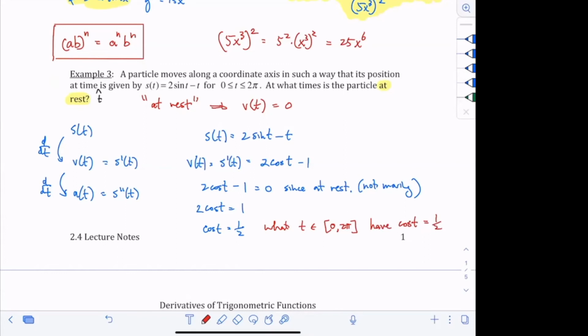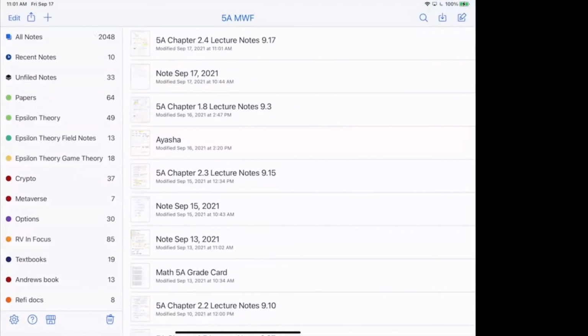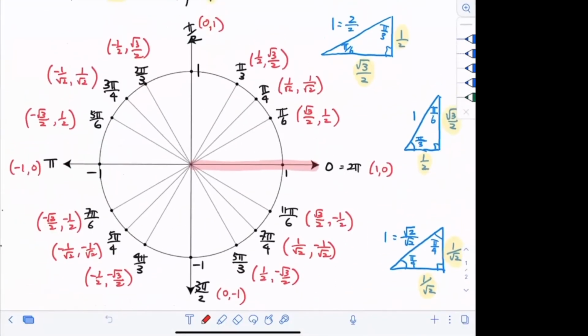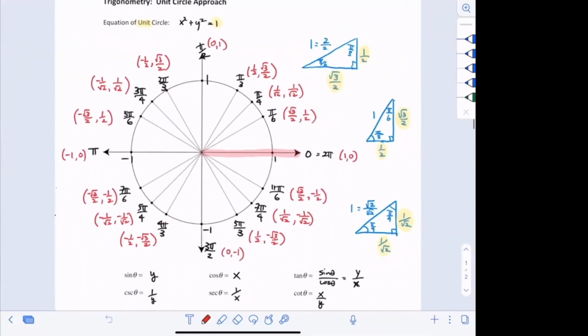Okay. There are many ways that you could do this, but I'm going to emphasize the unit circle approach right now. So here is our unit circle. I had shown you that you could find the unit circle online pretty easily.